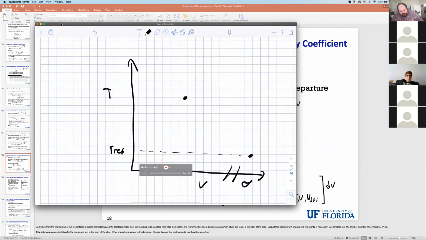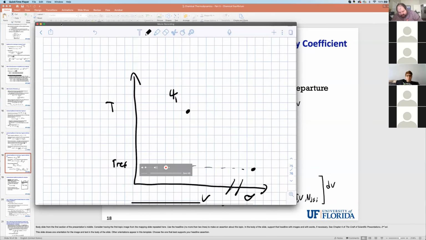If we wanted to find the departure function for any variable psi, it's defined to be the difference between psi and the ideal gas limit at temperature T. So what that integral is doing is integrating at constant temperature between this point here and that point here. And so this term here is the departure function.